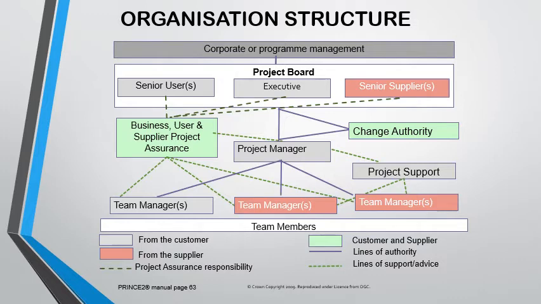But you'll be very observant to note that there are also some other roles indicated here. Let's start with the ones directly under the senior users. Now, this role is considered the project assurance role. They come on board to represent the project board in tracking and confirming certain things on behalf of the interest of the project board members.